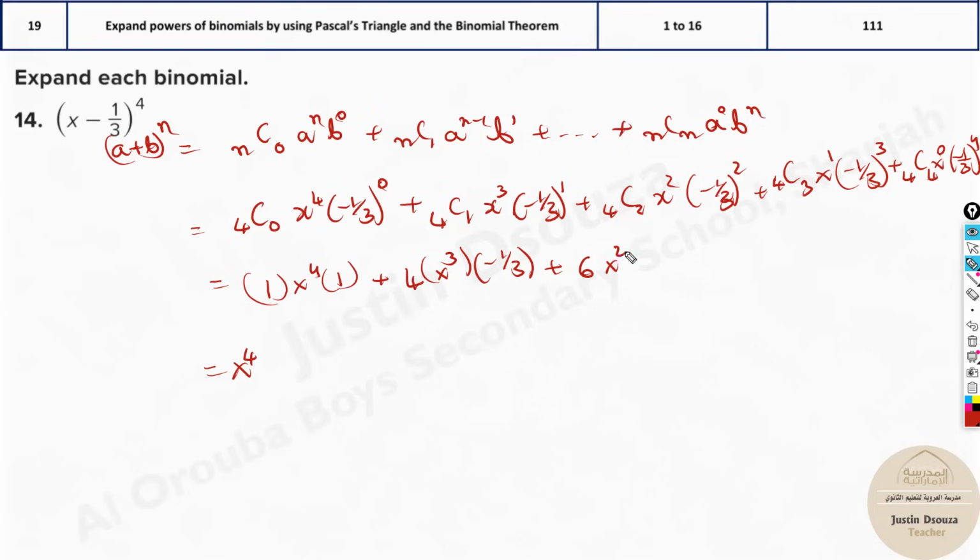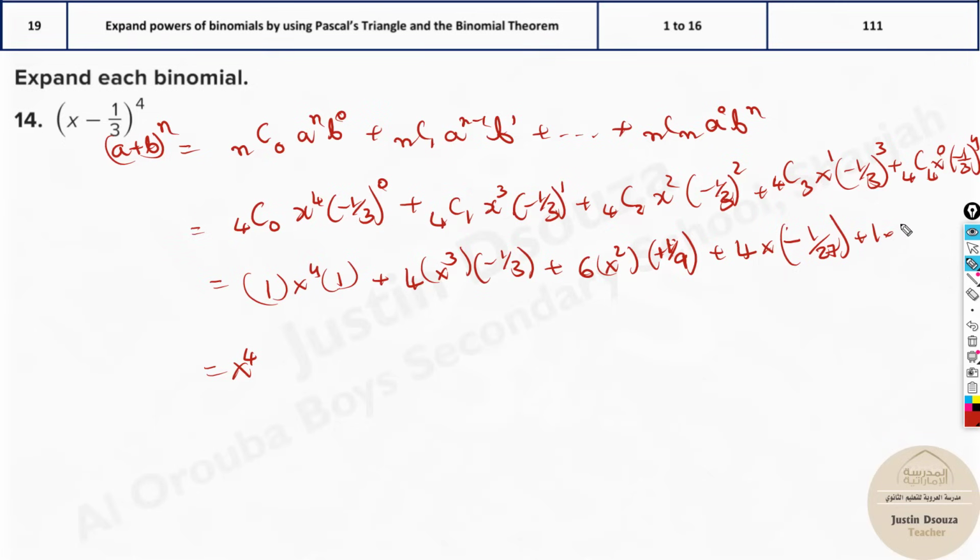Yeah, it's 6. x squared, and over here it will be minus 1/3 squared. Minus times minus becomes plus, 1 squared, 9. That's the answer. And we have 4C3, again it will be 4, and we have x, the minus remains over here, 1 by 9 cube is 27. And lastly we have 4C4, that is 1.